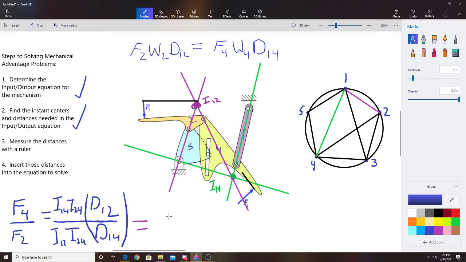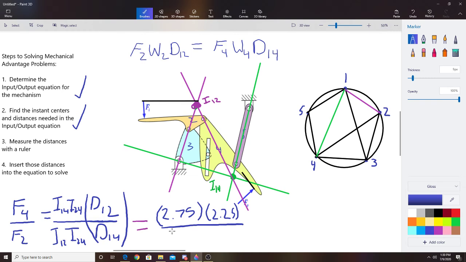So then we do I14, I24, which was 2.75, times D12, which was 2.25, over I12, I24, which was 5/8.